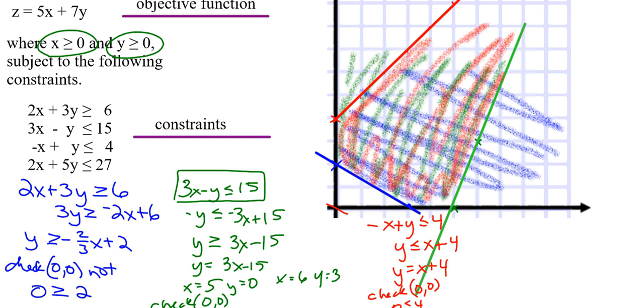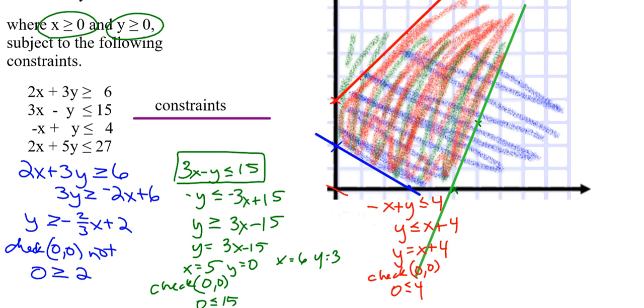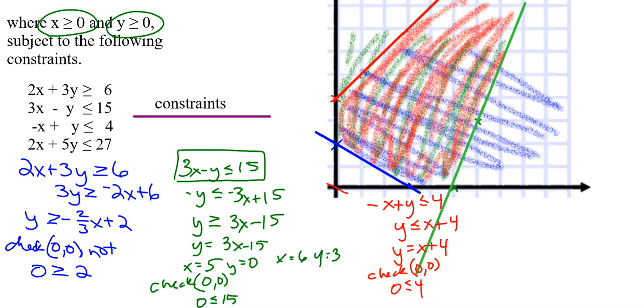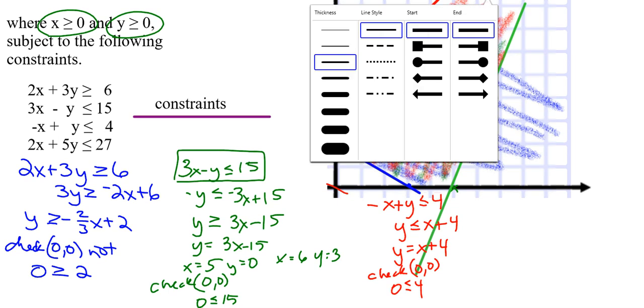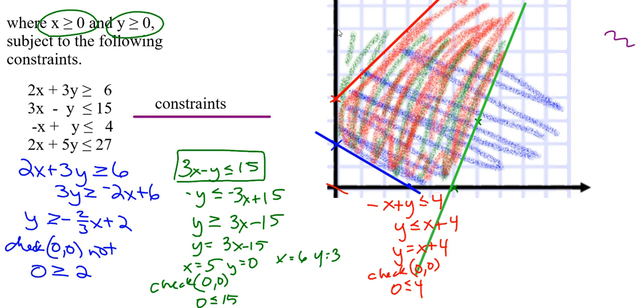So I'm kind of just getting my shading and my constraint area as I do this. And then the last one that I'll do is going to be, and I'll use maybe a purple marker for this. And my last constraint, 2x plus 5y is less than or equal to 27.